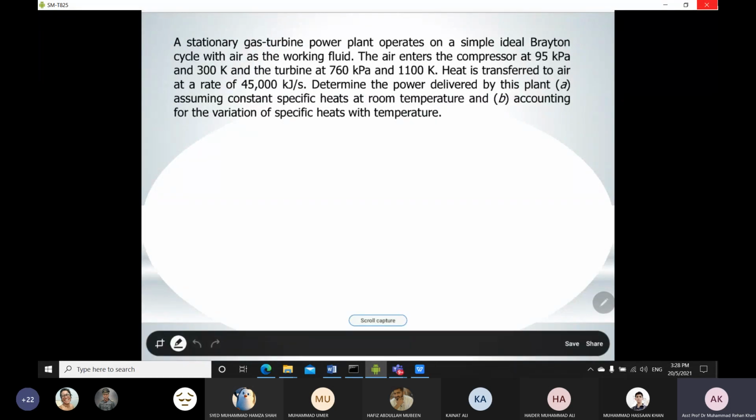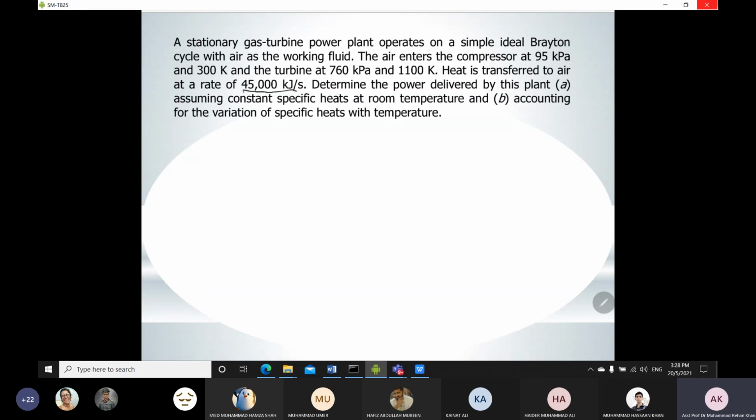The question is the same as the one we already solved in the previous slide, only the data is different. Here it is 45,000, and some of the temperatures are different. You have to use the constant specific heat assumption and the variable specific heat assumption to find the power delivered.